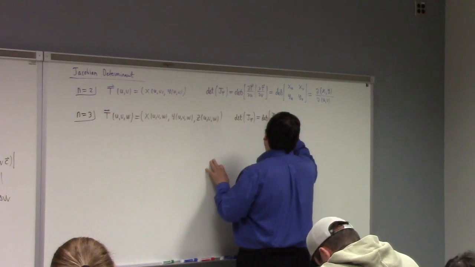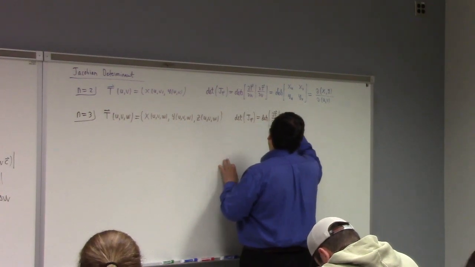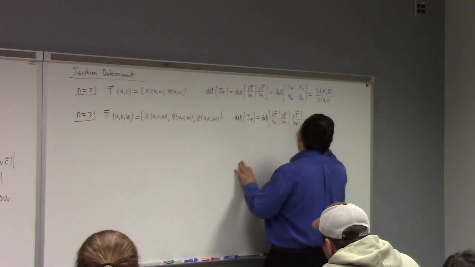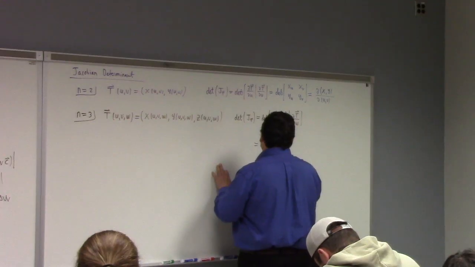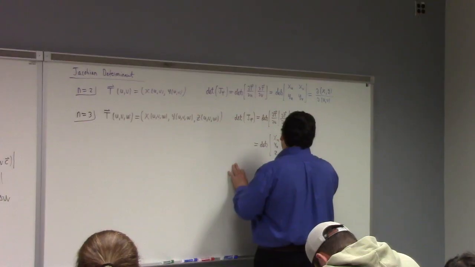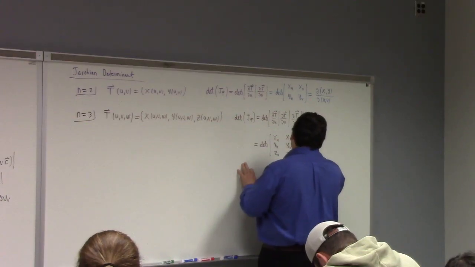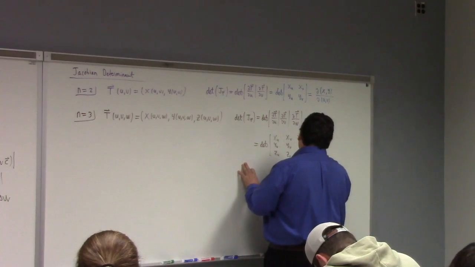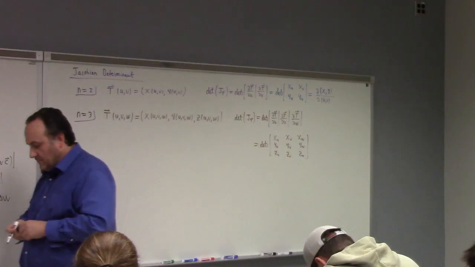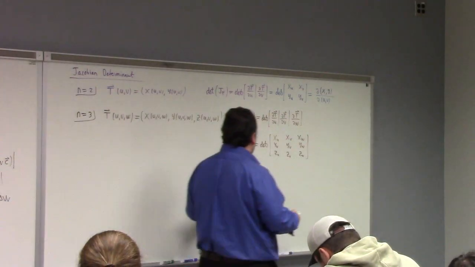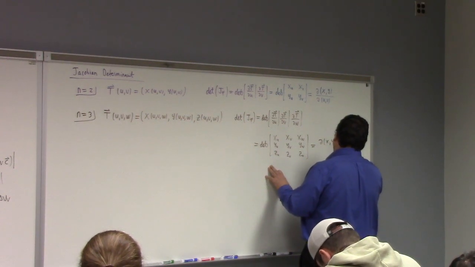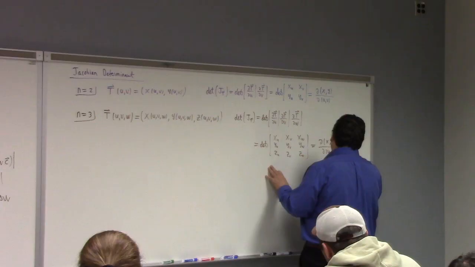It's partial T, partial u, partial T, partial v, partial T, partial w, which is in fact the determinant of x_u, y_u, z_u, x_v, y_v, z_v, x_w, y_w, z_w. So this is the Jacobian determinant, which we have the other notation for, the slick shorthand: partial (x, y, z) over partial (u, v, w).